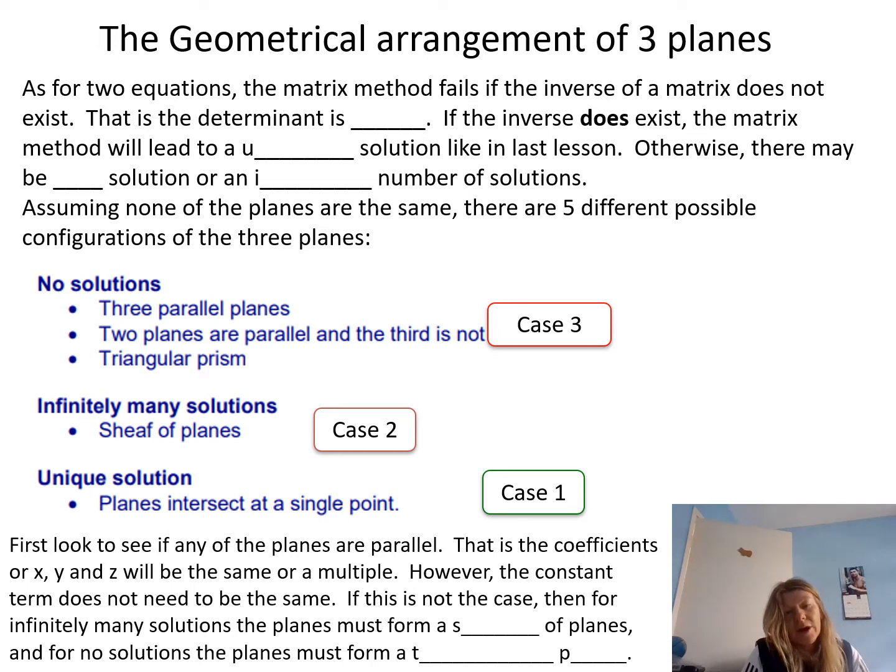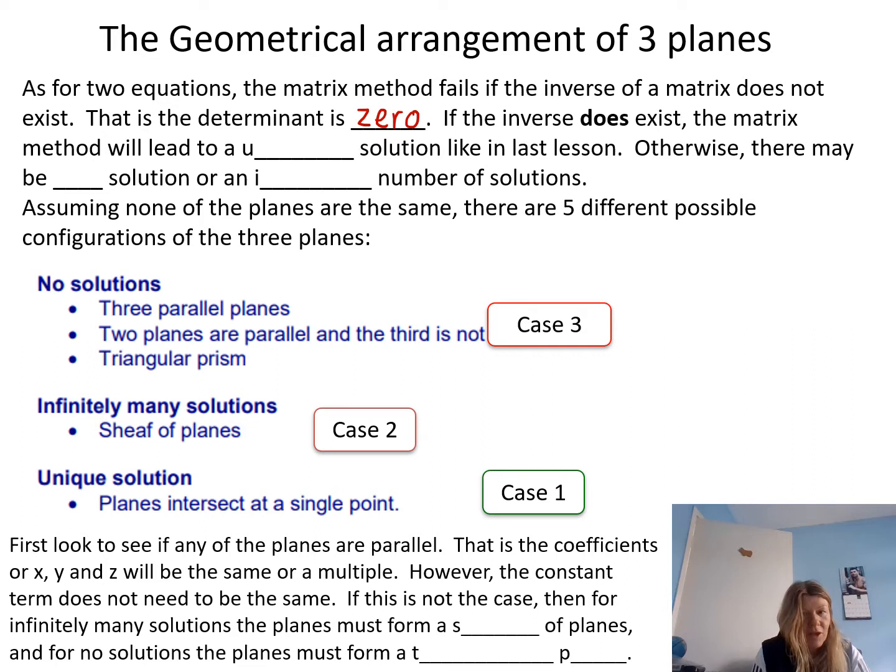As for 2 equations, the matrix method fails if the inverse of a matrix does not exist. That is, if the determinant is 0, then the inverse will not exist.